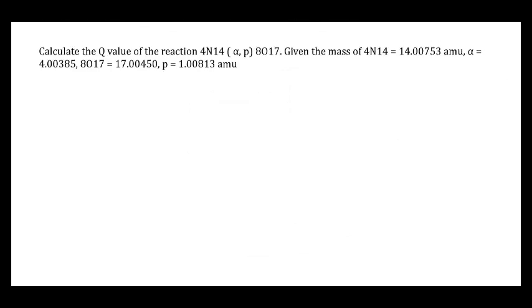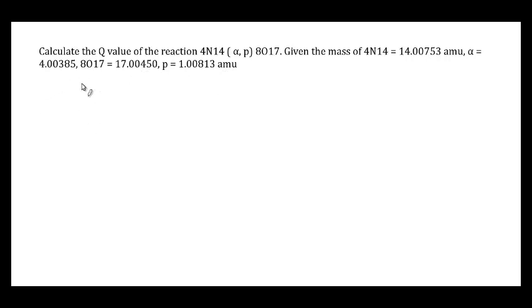The problem says: calculate the Q value of a reaction where nitrogen 14 is bombarded with helium, or 2He4, and gives rise to oxygen 17, 8O17, plus a proton, and they have also given the mass of individual particles. Let me write that down.